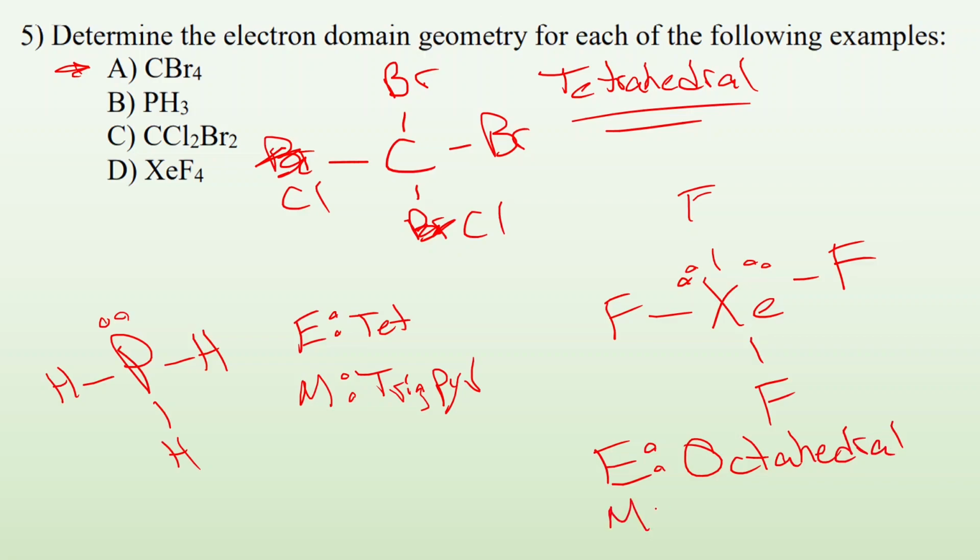But the molecular geometry is going to be square planar. Right? This molecule is going to be flat. These unshared electrons are going to be at the north and south pole of this octahedral shape, which means if you're looking at just the bonded atoms, it's going to be a flat shape. It's going to be square.